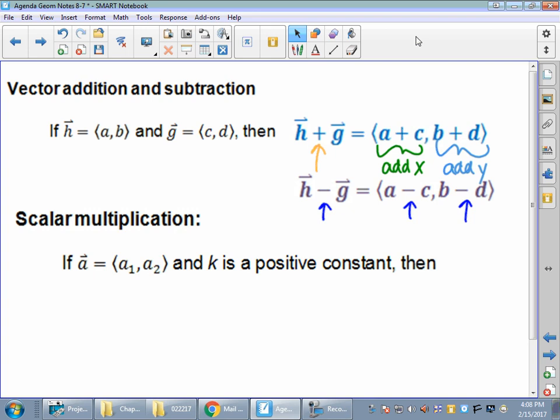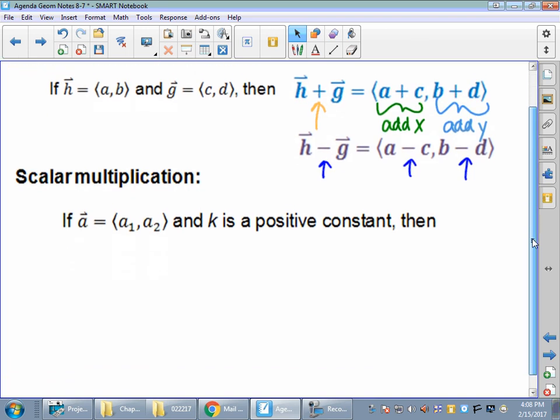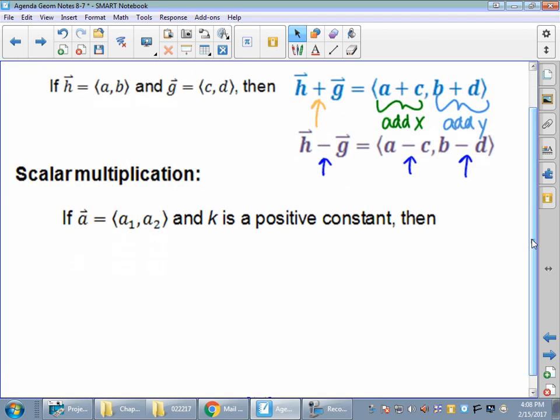And scalar multiplication. Someday you might do these with matrices, but this feels a lot like anything else. If vector A is at A sub 1, A sub 2, and K is a positive constant, just some random number sitting out there, then if I want to know what K multiplied by vector A is, I just multiply K by all the coordinates.